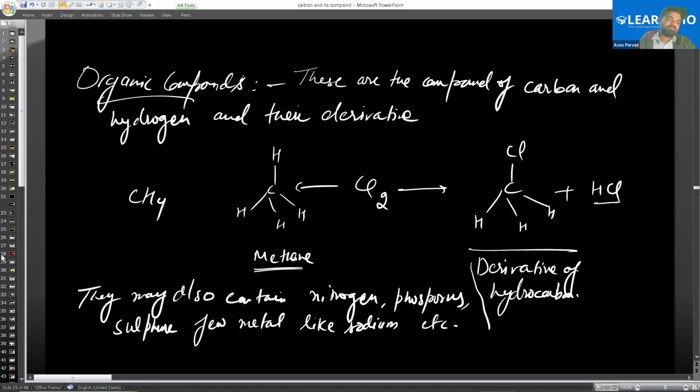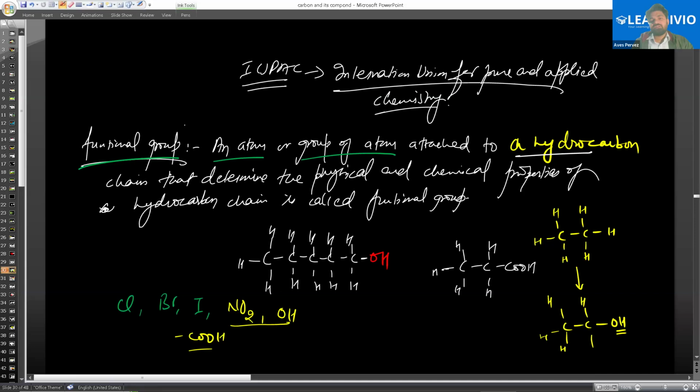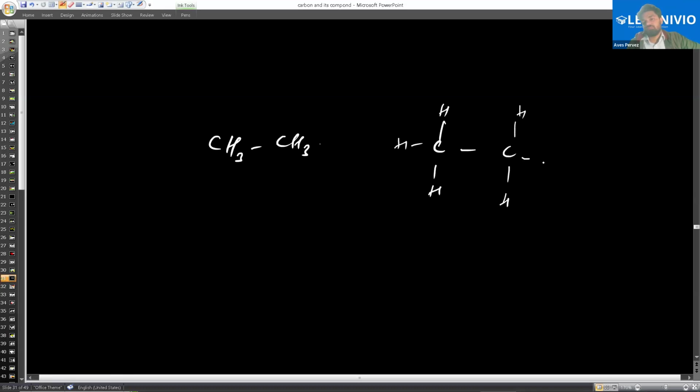Okay, so let's start. Let's move towards the functional group. What is a functional group? It can be an atom or a group of atoms attached to a hydrocarbon chain. CH3CH3 is ethane.